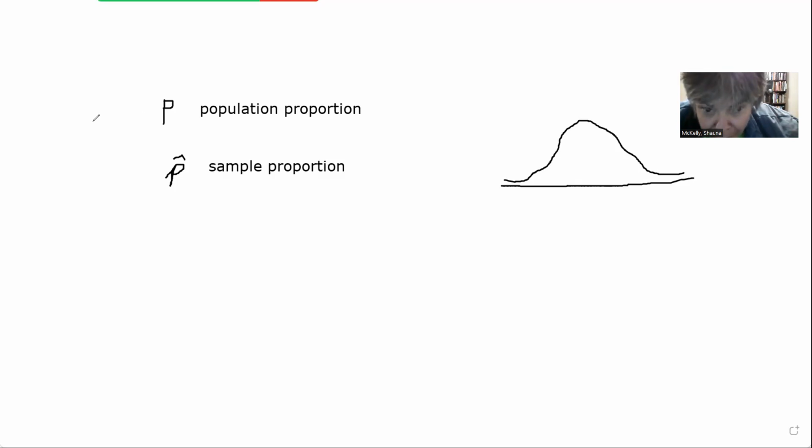So essentially, this is the distribution of sample proportions. It follows a normal distribution. That means that for our purposes here, we won't have a mean, a mu.